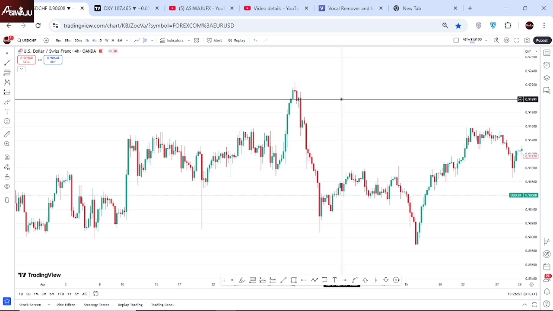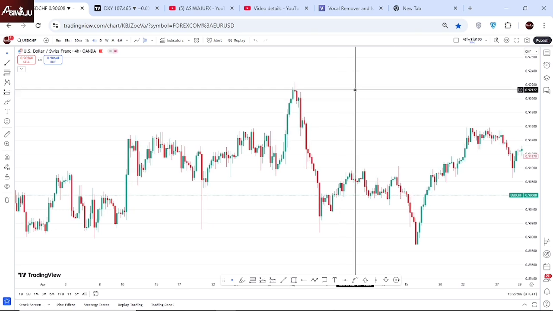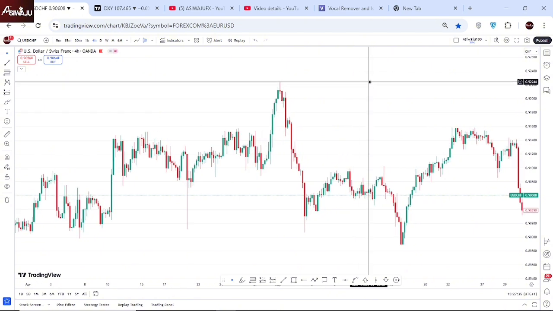Let me just give you this tip. The best time frames to make use of imbalance as your additional confluence for entry are usually the higher time frames. The reason is that on these higher time frames, imbalances are more effective, because anything that happens on the higher time frames is more effective.